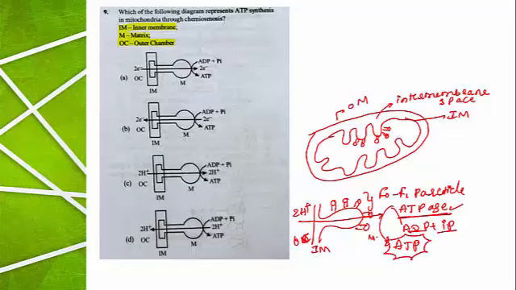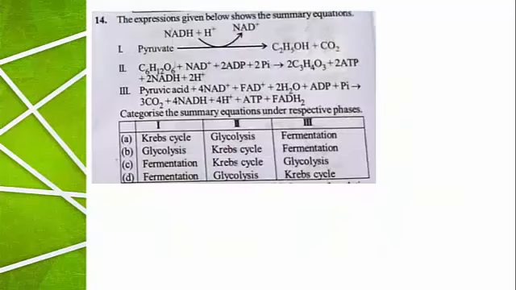So in the given options, the right representation is option C, and this is the correct representation for the synthesis of the ATP molecule. Then moving to the next one.